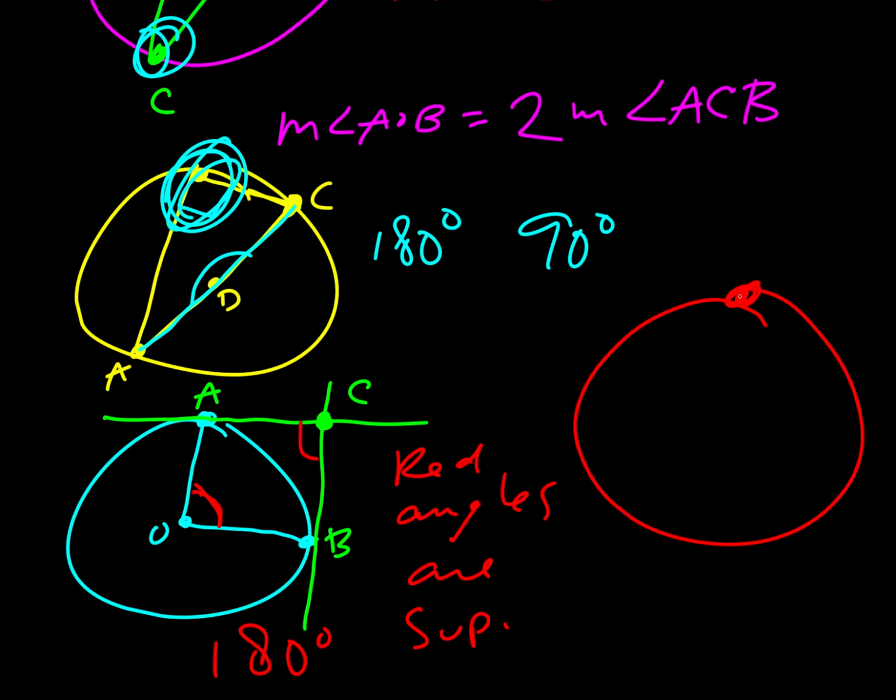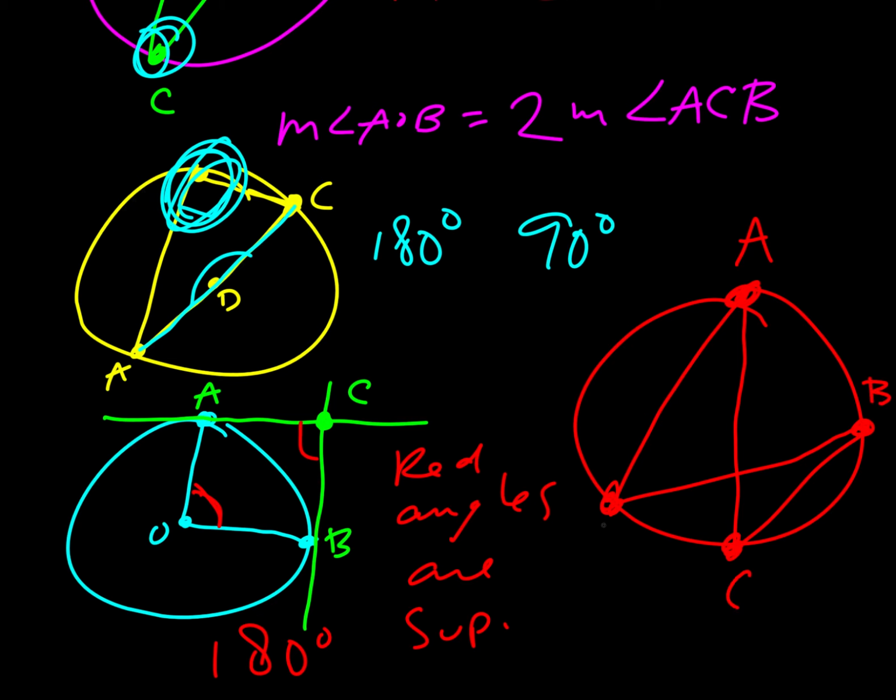Okay, and we have one more. If we go here to here to here, back to here, we have A, B, C. Oops, I labeled that different.